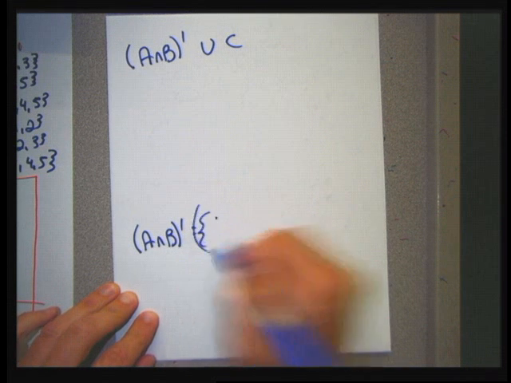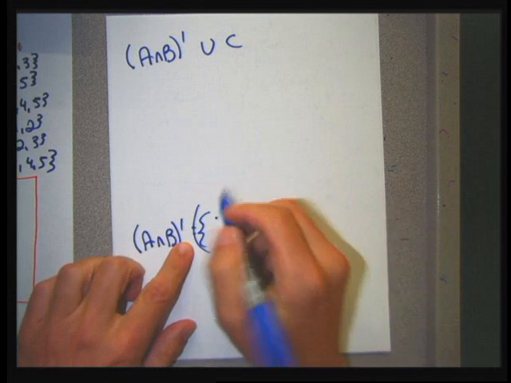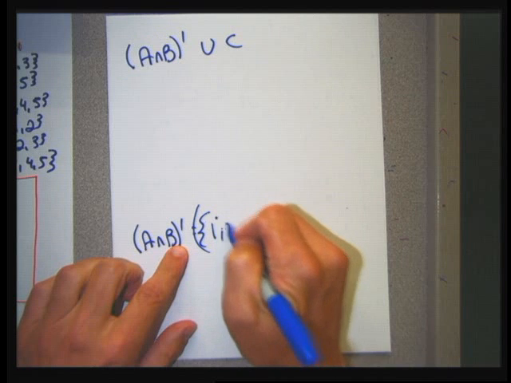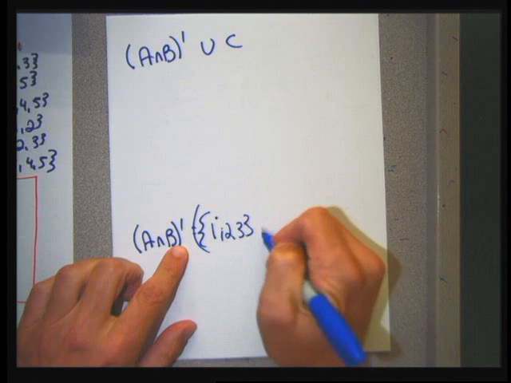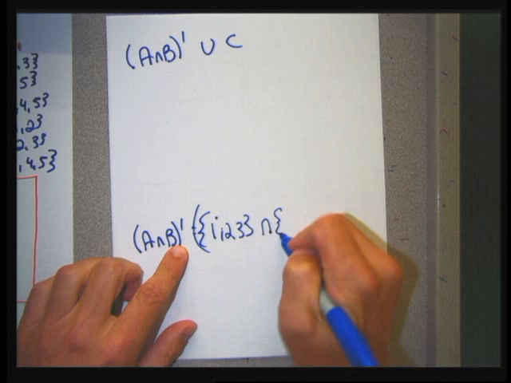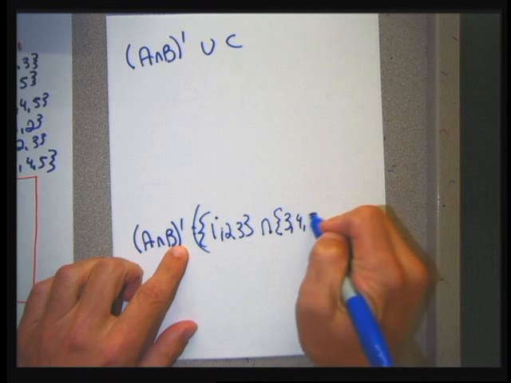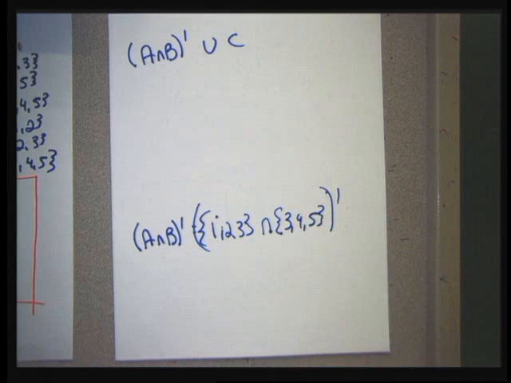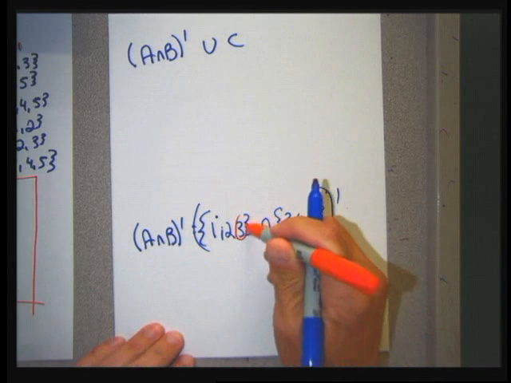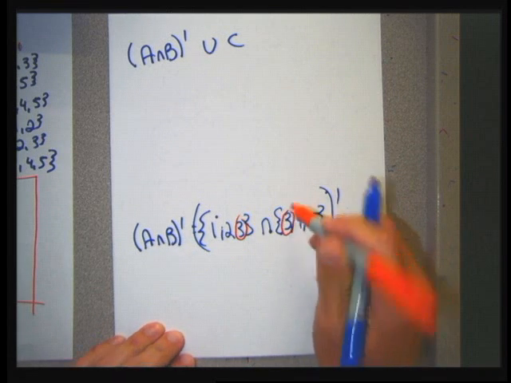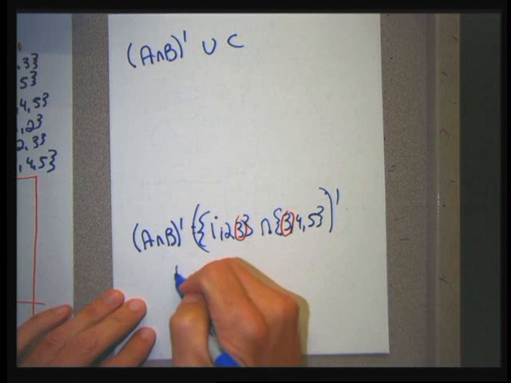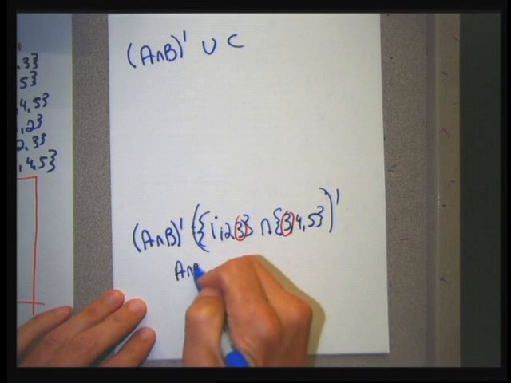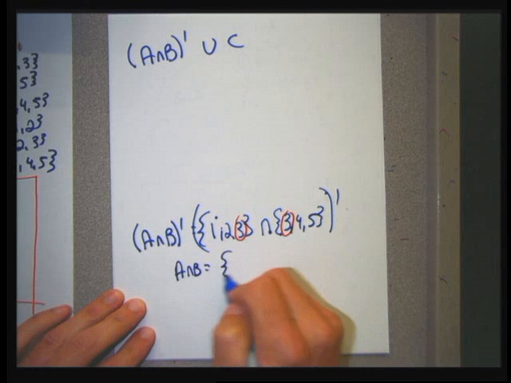A intersection B takes the A set, which is 1, 2, and 3, intersected with the B set, which is 3, 4, and 5. So first I'm doing the intersection. A intersection B is what A and B have in common, because the intersection's in common. A intersection B is just the number 3.